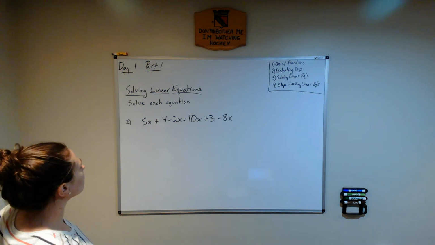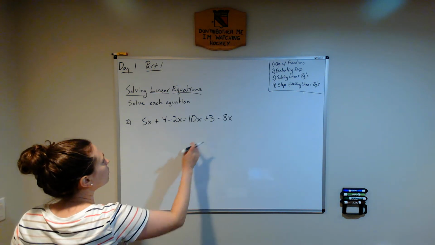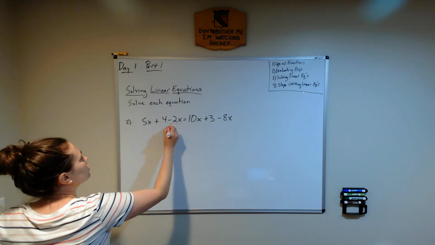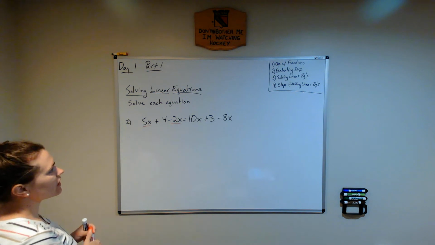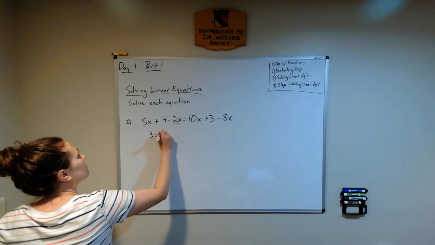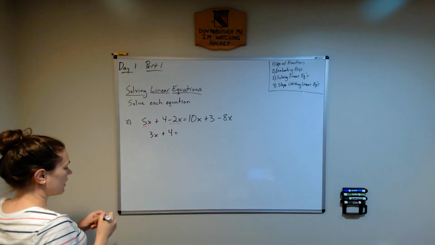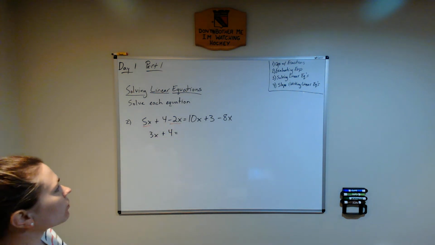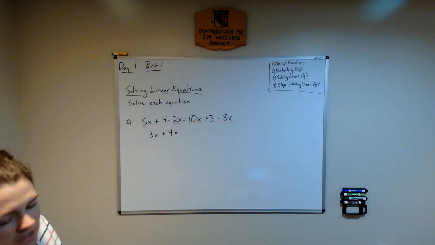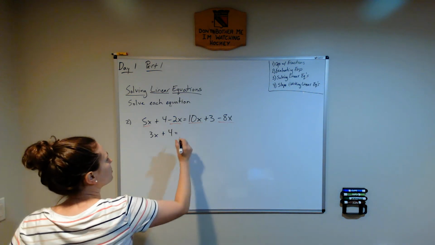We have x's on both sides, so why don't we first combine on each side? 5x and negative 2x gives us 3x plus 4. And on the right side, we've got 10x and negative 8x, which gives us 2x plus 3.